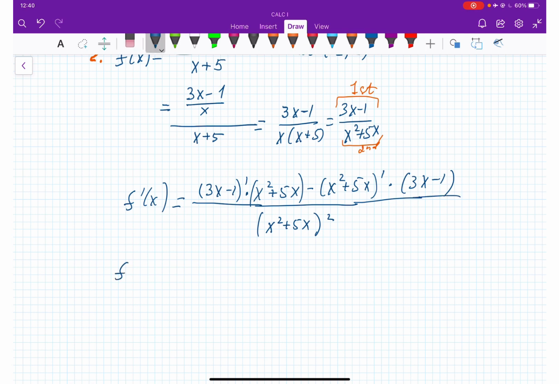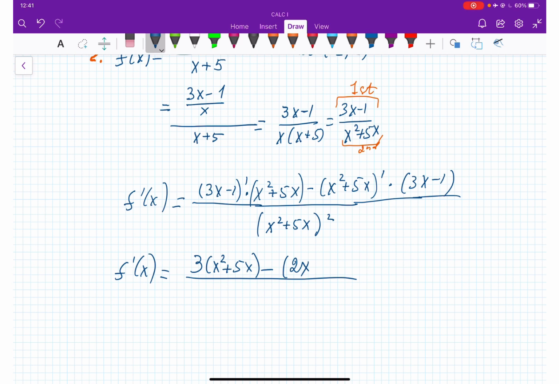f prime of x is equal to the derivative of 3x, which is going to be 3. The derivative of 1 is going to be gone. So we multiply by x squared plus 5x, minus the derivative of x squared, which is going to be 2x.